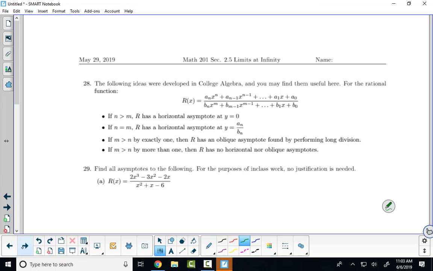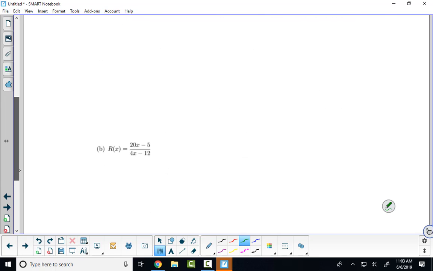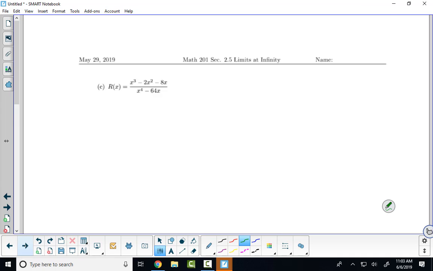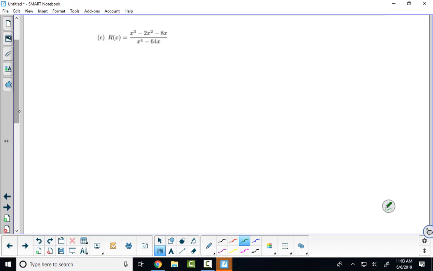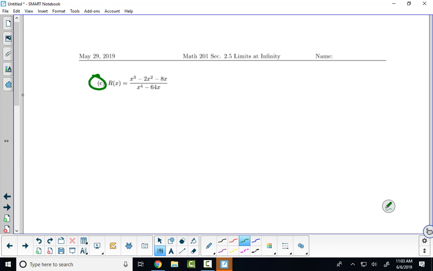Let's do one more, just for fun. So let's do this one here. I'm on page 8, question number C. All I want to look for right now is the horizontal asymptotes.